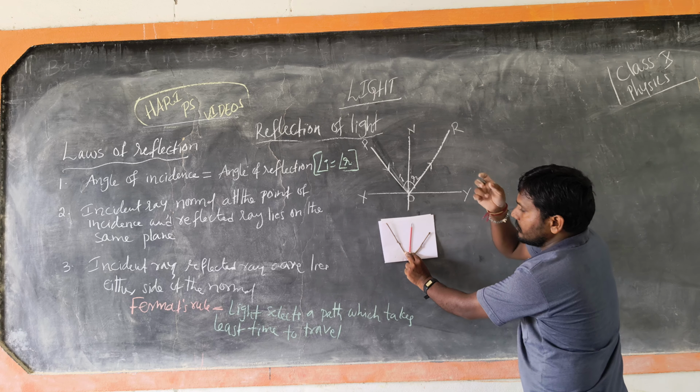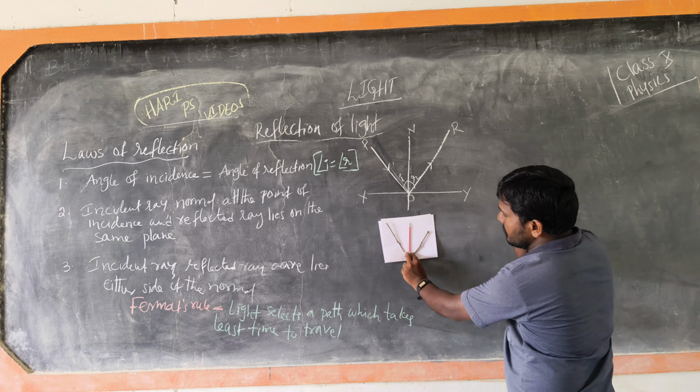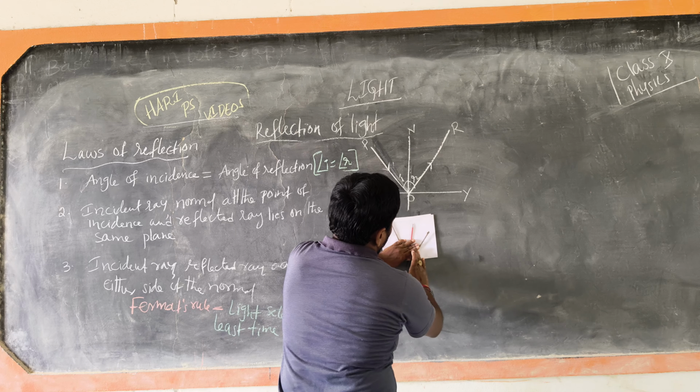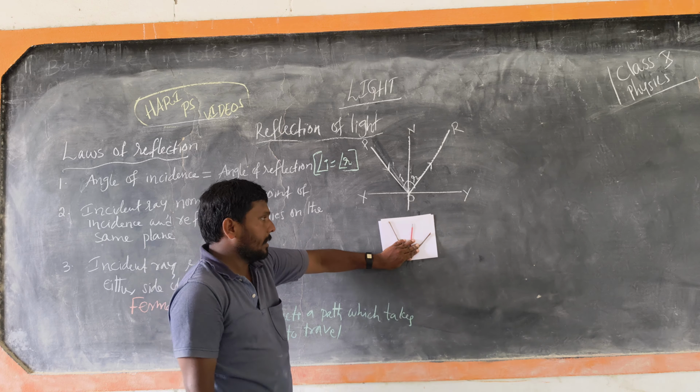So according to the second law, the incident ray, the normal at the point of incidence and the reflected ray lie on the same plane. So here the paper is the plane. On the paper we are able to see the incident ray, the reflected ray and the normal, all three.